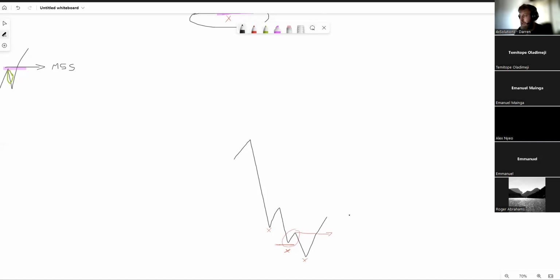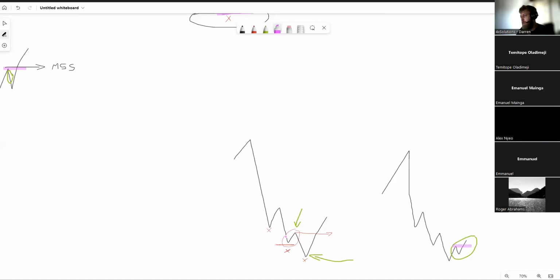The difference in terms of mitigation would be if price did relatively the same kind of thing over here, made a swing low over here, there would be a failure swing in this price action. Whereas over here on the breaker, it's raiding the turtle soup, or the liquidity rather, and then this swing high here is becoming the breaker, whereas this is becoming the market structure shift.